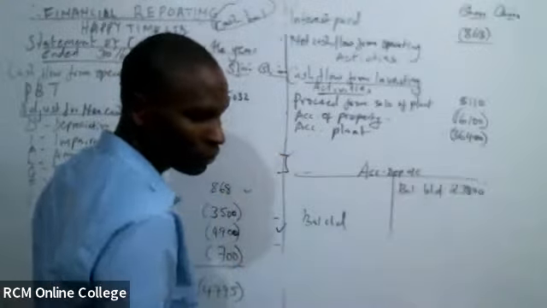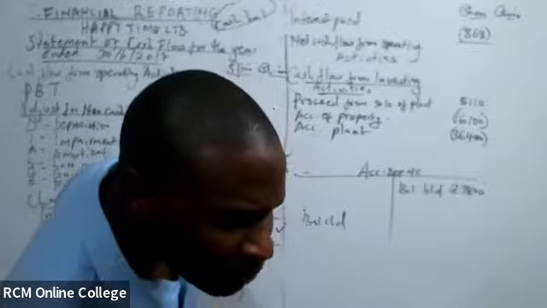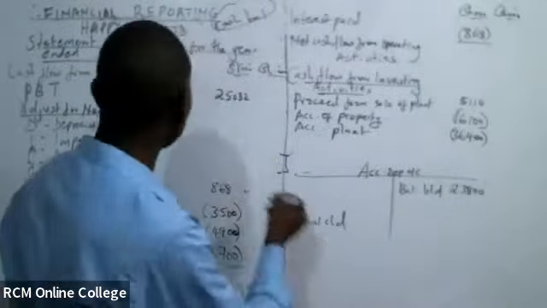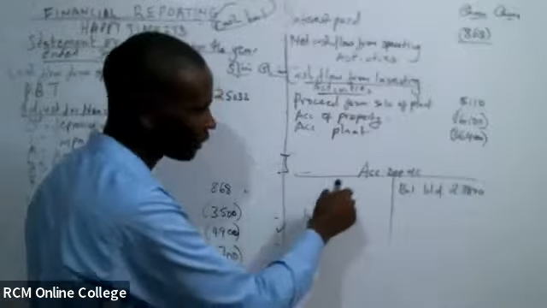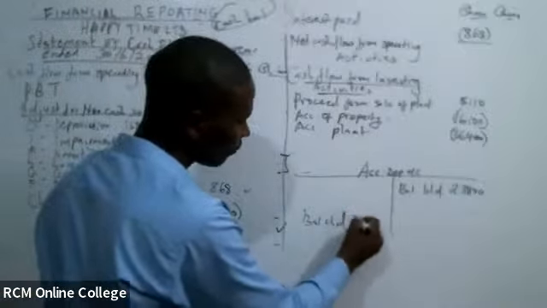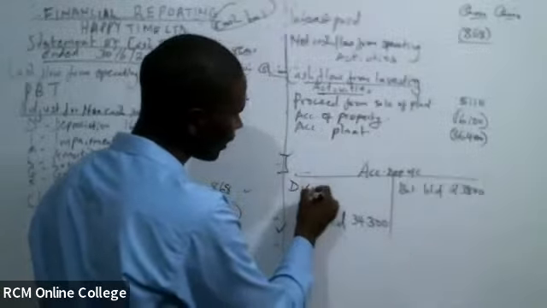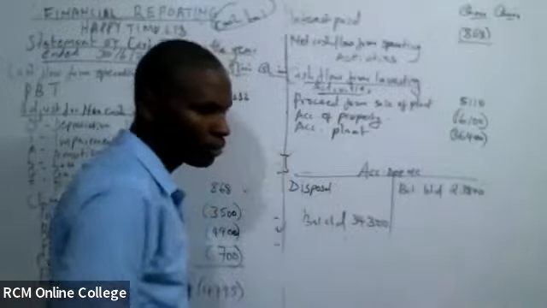Na ile depreciation ingine tulipata ya 1680, where did we post it? Hii tumeweka tu hapa, tutaongeza hii sasa tukipata. So tumepata hii ni 34,300. We had disposal. What was the accumulated depreciation kutoka kwa disposal account?